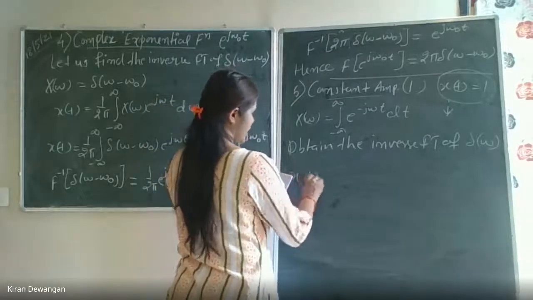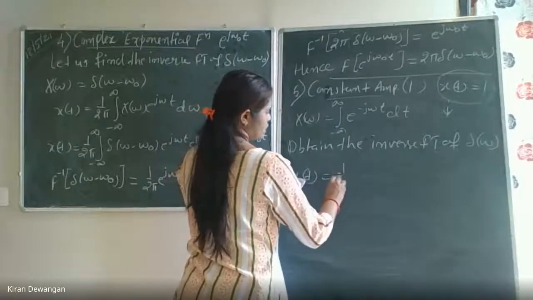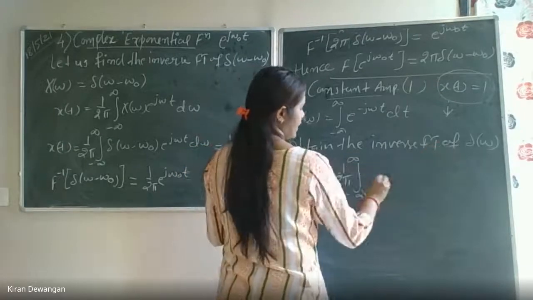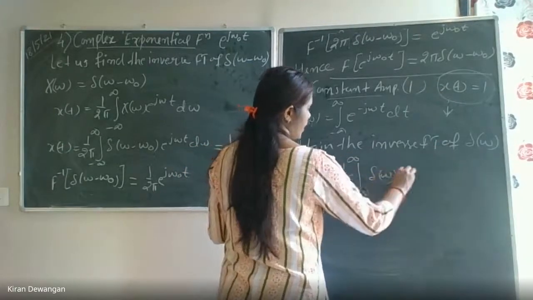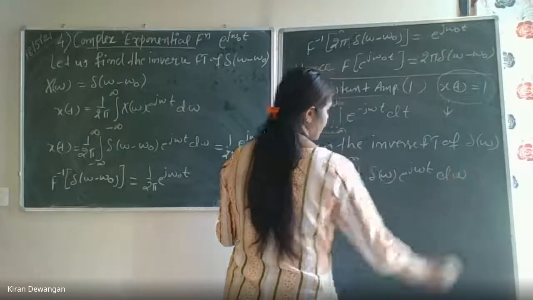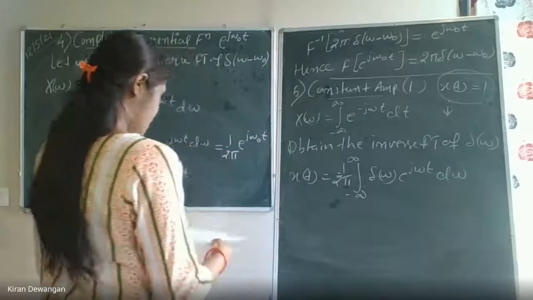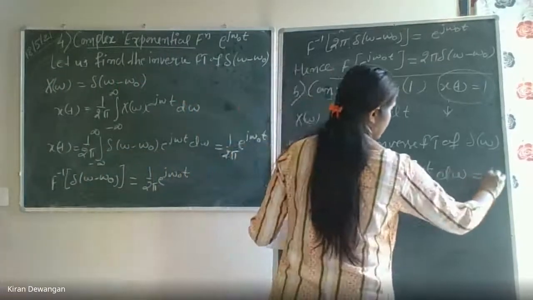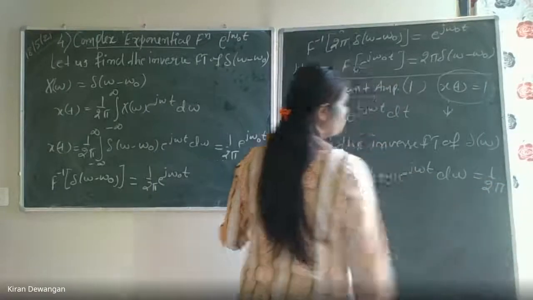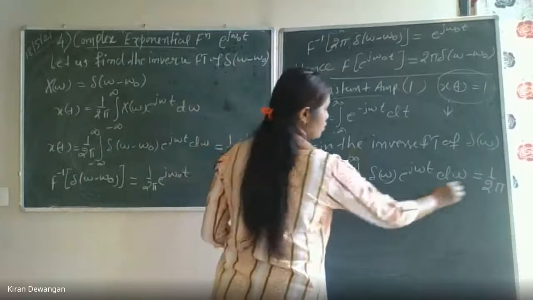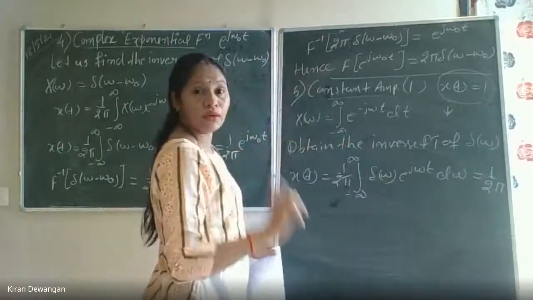Now the inverse Fourier transform x(t) is 1 by 2 pi, integration from minus infinity to infinity of del omega e to the power j omega t d omega. Okay? In that case, this becomes 1 by 2 pi, because this value will be completely 1.